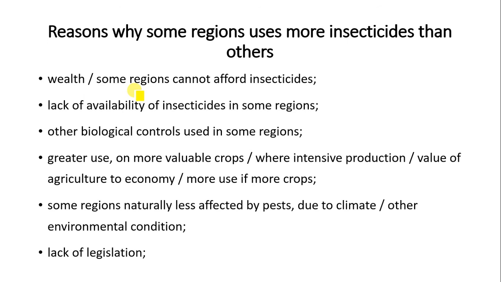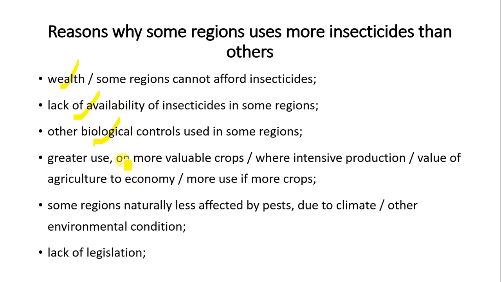Now, reasons why some regions use more insecticide than others. This is actually a past question, so let's look at it. It has to do with wealth: some regions cannot afford it. Lack of availability of insecticide in some regions. Biological controls are used in some regions; some regions don't use insecticide, they use other means of insect control.